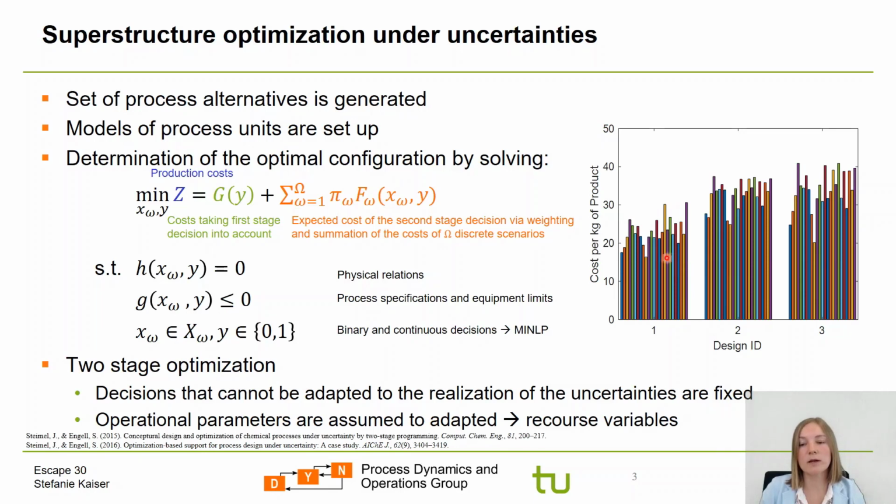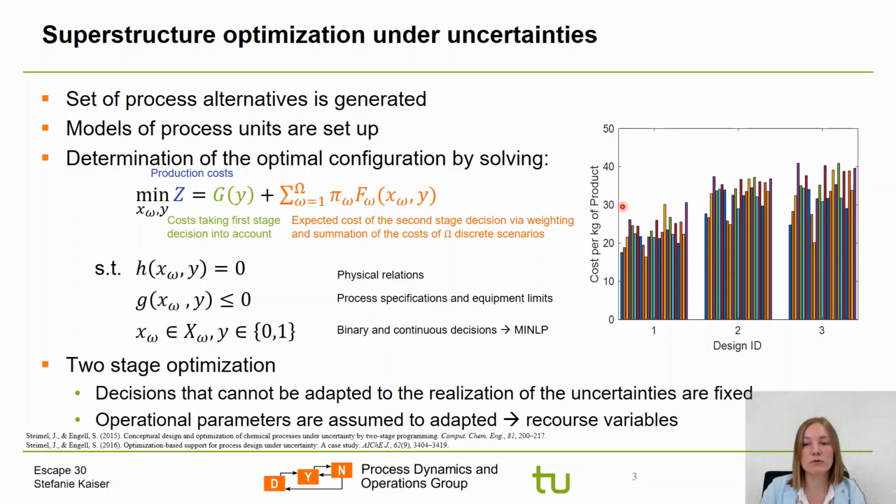One now has the problem that it can happen that one cannot identify the best design, since it may be dependent on the realization of the uncertainties. So for one realization of the uncertainties, one design can be superior over the others, but for a different realization of the uncertainties, it is not.